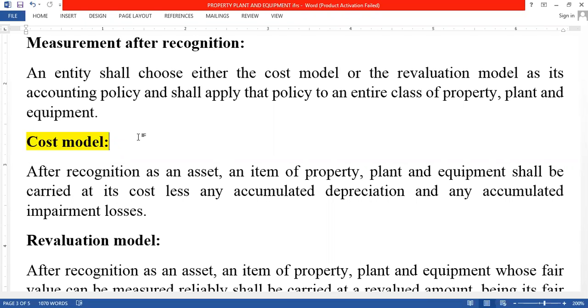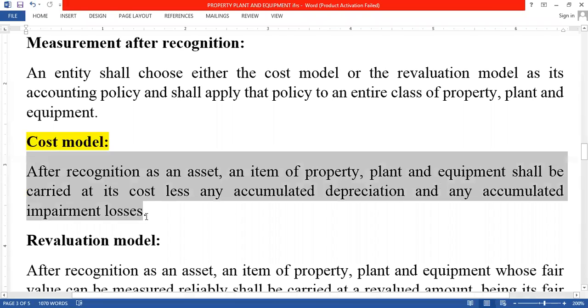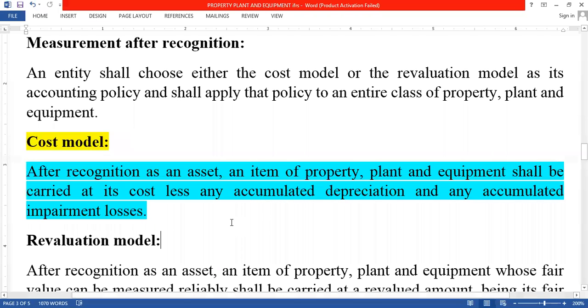The entire property, plant and equipment will apply these models. The first model is the cost model. What does it mean? After recognition as an asset, an item of property, plant and equipment shall be carried at its cost less any accumulated depreciation and less any accumulated impairment losses.